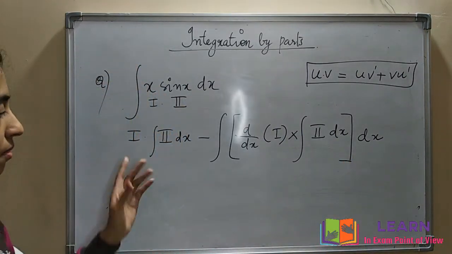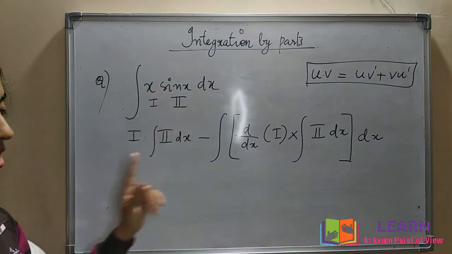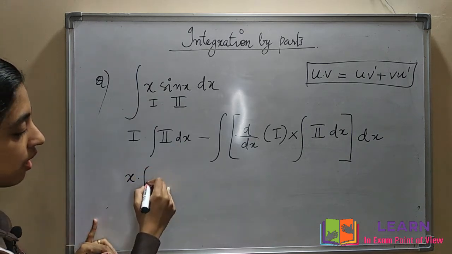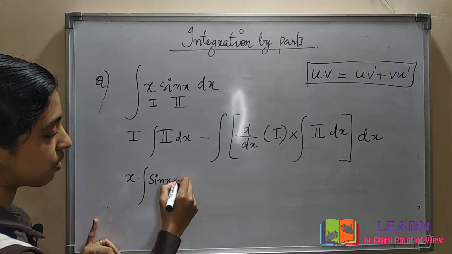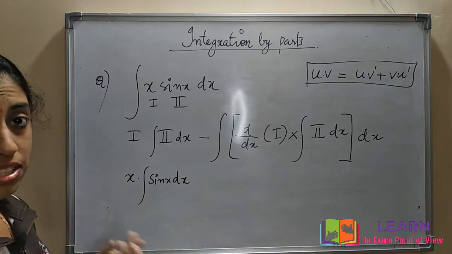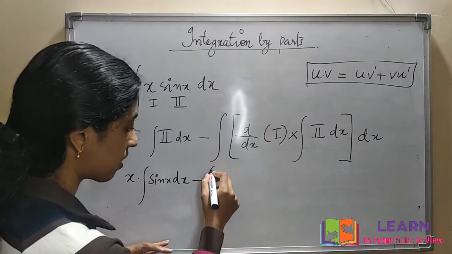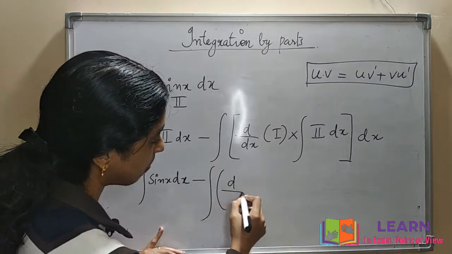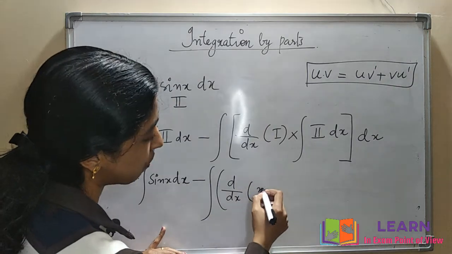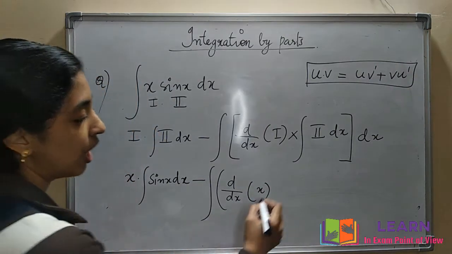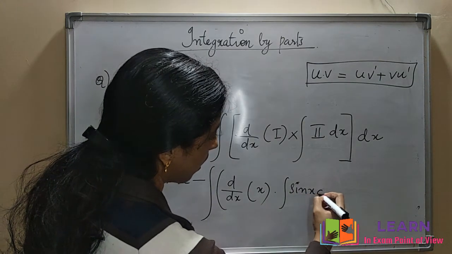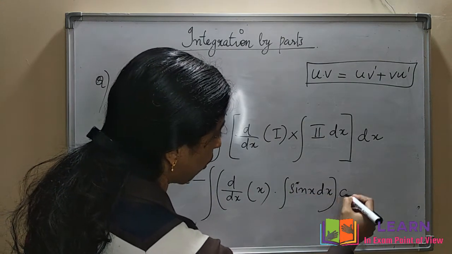Clear? The first function here is x. So x into integral of second. First you can write as such. First time if you are doing, minus this integral is a little bit large. Inside, what is d by dx of the first function? It is 1, into integral of the second function, sin x dx, for the whole dx.